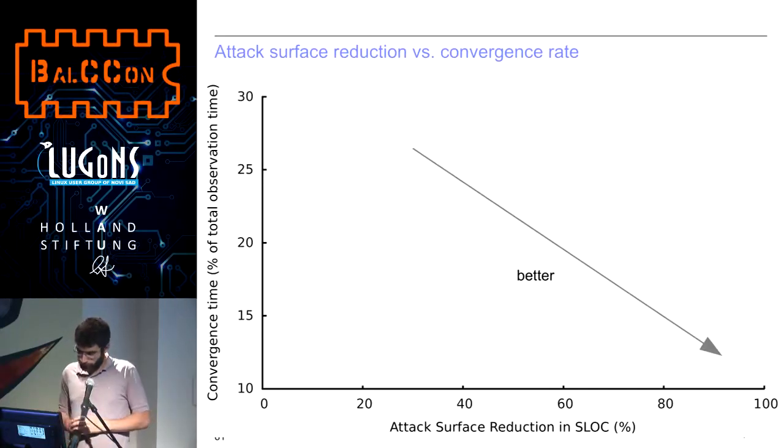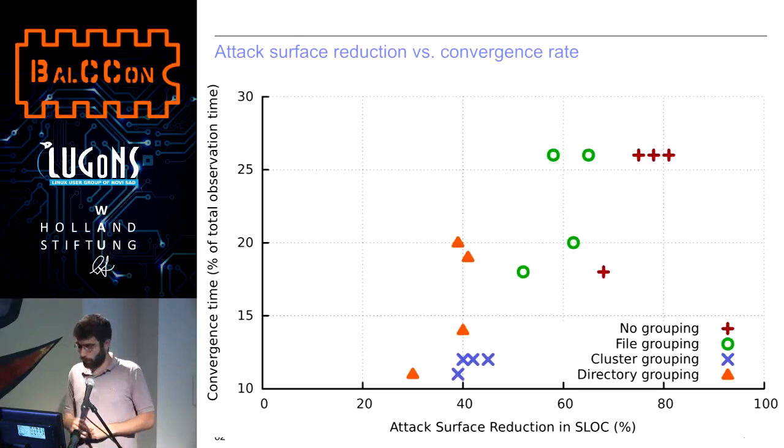For each of the applications, we have a dot, and we also have different colors for the different grouping techniques that we've looked at, so we can compare their effectiveness thanks to the way that we've been quantifying attack surface. For instance, we can see that when we don't perform any grouping, of course we obtain the highest attack surface reduction because it's the most granular approach, but we also have a very high convergence time.